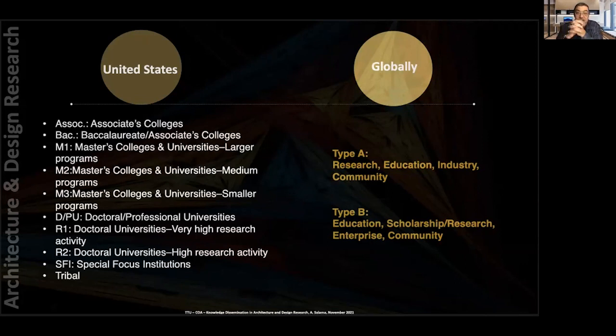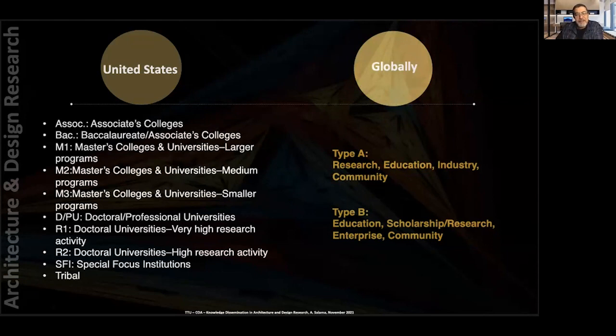Globally and generically at the same time, one could see two university types, and that's at the global scale, type A and type B again. And these types basically set the standards and priorities of academic work, dissemination, and recognize specific forms of dissemination. Type A places emphasis in this order on research, education, industry, community.